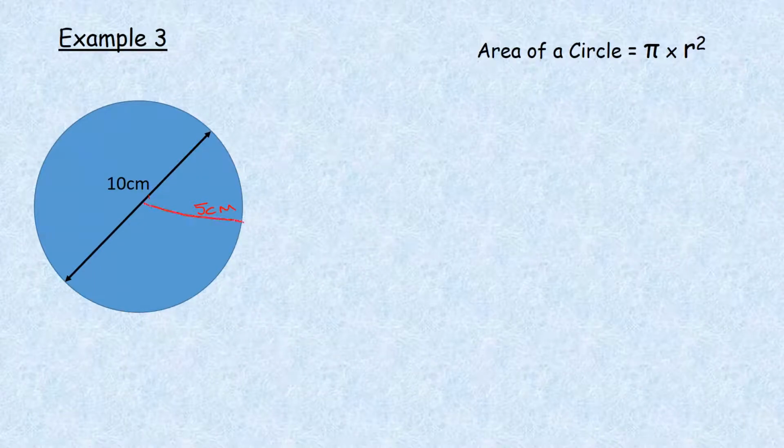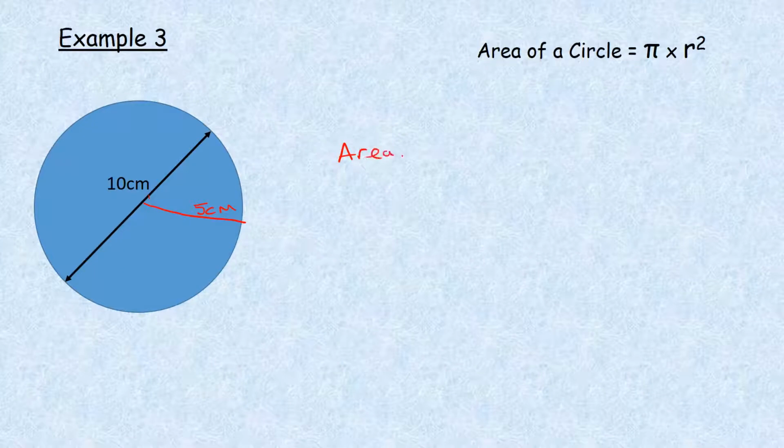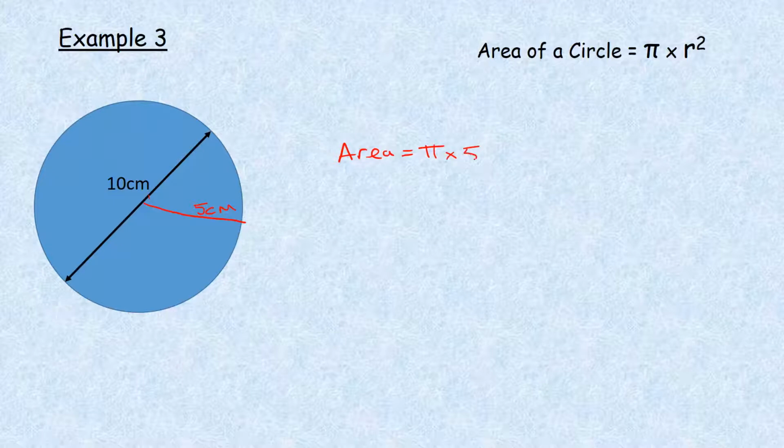So our area is equal to pi multiplied by 5 squared, or 5 times 5.